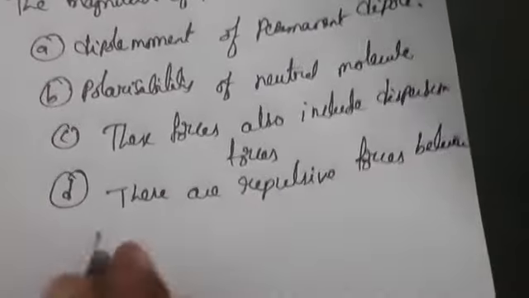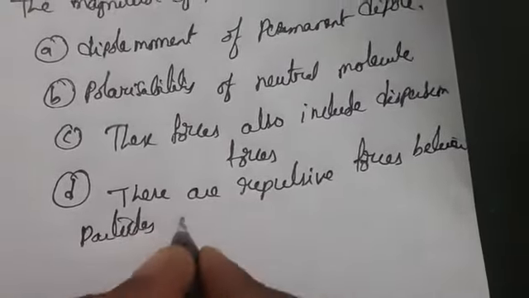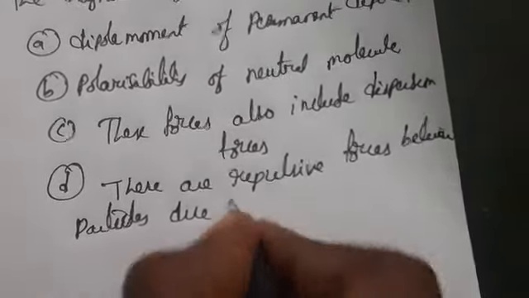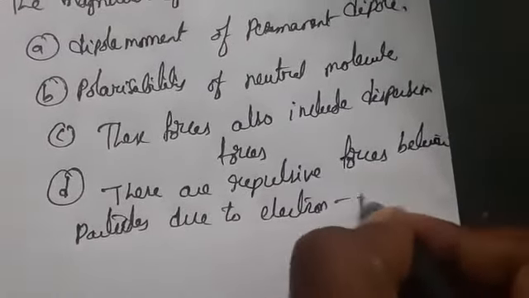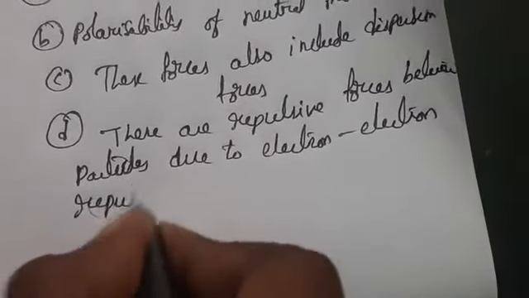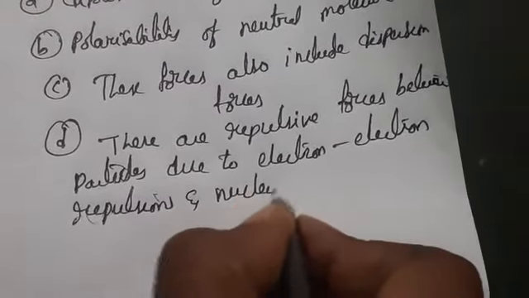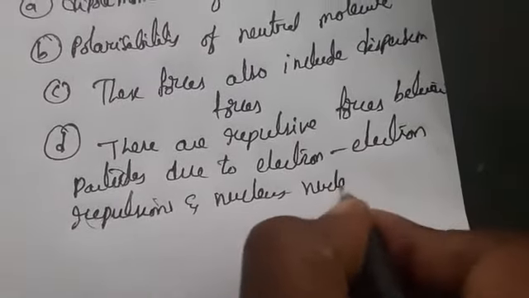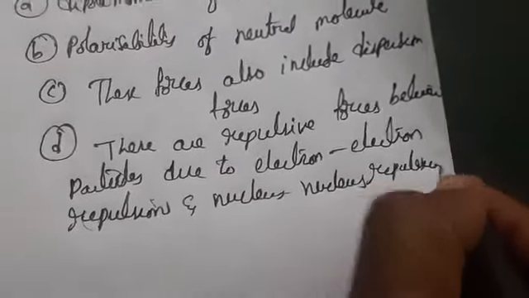Particles means atoms, molecules, ions, whatever you are taking. These are due to electron repulsions and nuclear repulsions. So this is nothing but dipole induced dipole forces and dipole forces.